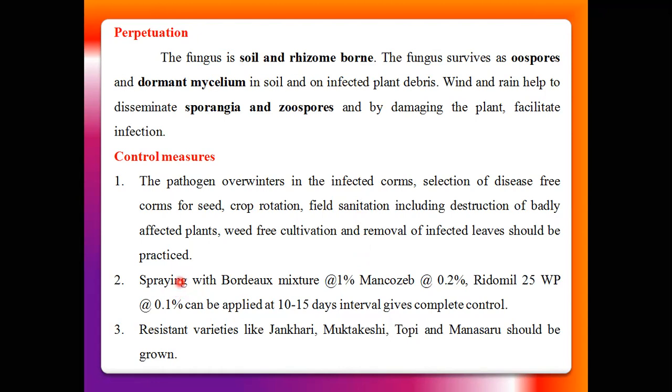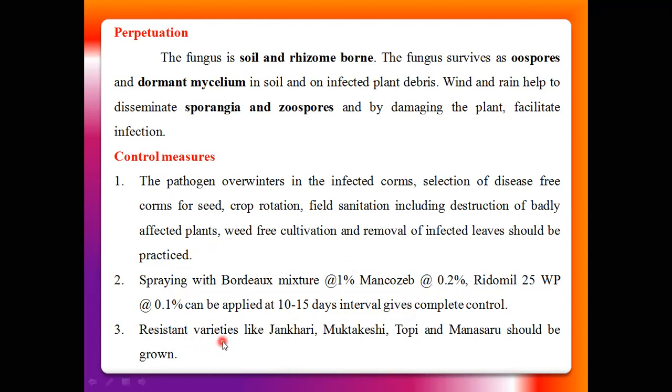Out of these three fungicides, Ridomil is the most effective fungicide, generally applied at 10 to 15 days interval, so you can effectively control this disease in Colocasia.